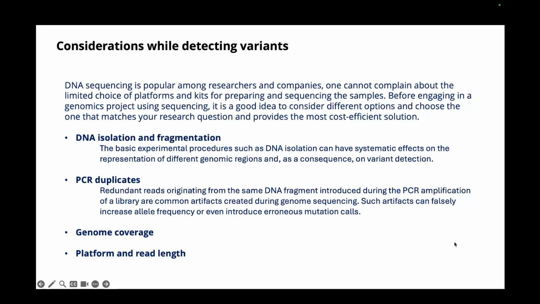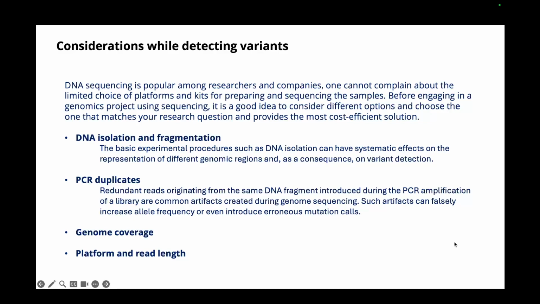Now, since it is a downstream step, the upstream steps actually affect how well a variant calling algorithm will work, or how well a variant caller can uncover variants from a particular genome. A few important factors that affect variant calling are, first, DNA isolation.